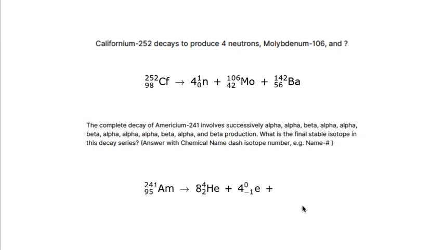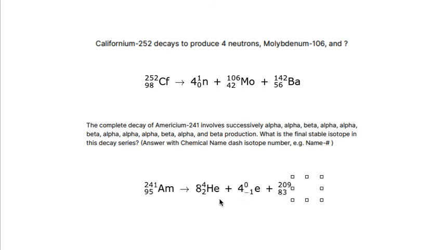Once we've set it up in this manner, the solution is pretty easy and very much like our previous problem. 4 times 0 is 0, 8 times 4, 32. The difference of 241 and 32 is 209. 8 times 2, 16, plus 4 times negative 1.